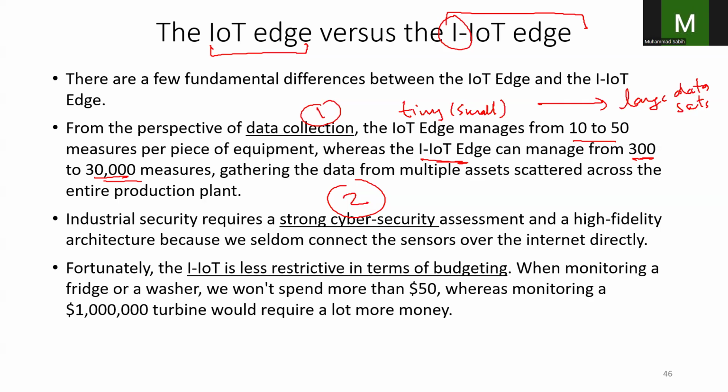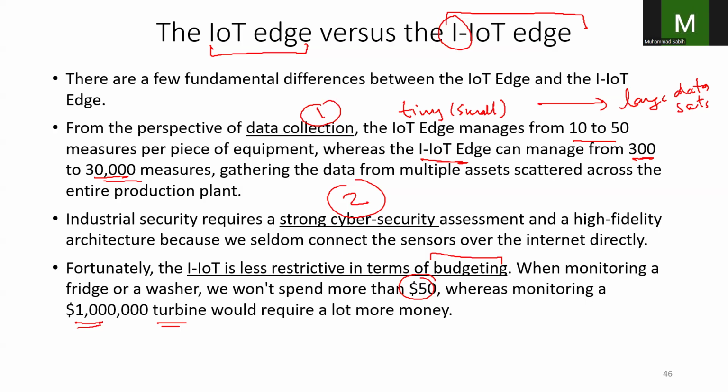Finally, there is also a difference in budgeting constraints. In the IoT world, adding sensors may cost only, let's say, $50. But when you talk about industry, a turbine, for example, is $1 million.